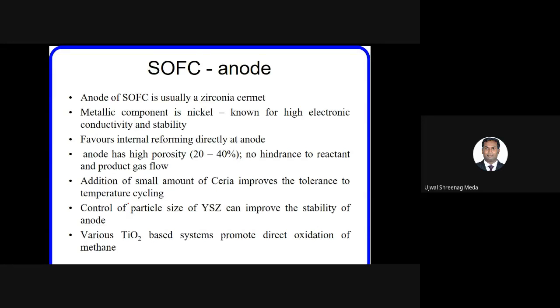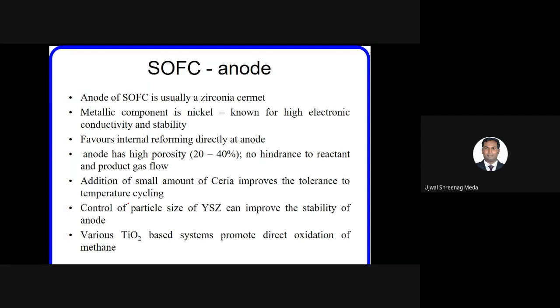Ceramic material is usually not known for conducting ions. So if metal chunks are added in between, that enhances the conducting property. And because of high temperature operations, especially this zirconia, which already has this ion conduction ability, will be further enhanced because of addition of nickel.